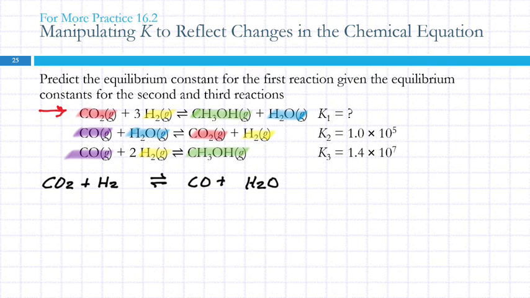So when I reverse the equation, what do I do to the equilibrium constant? I invert it. So here, this is K2 to the negative 1. 1.0 times 10 to the 5th raised to the negative 1 power.